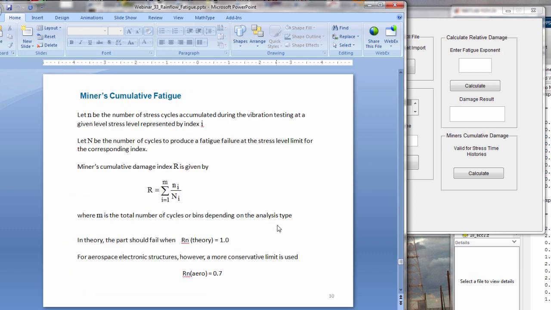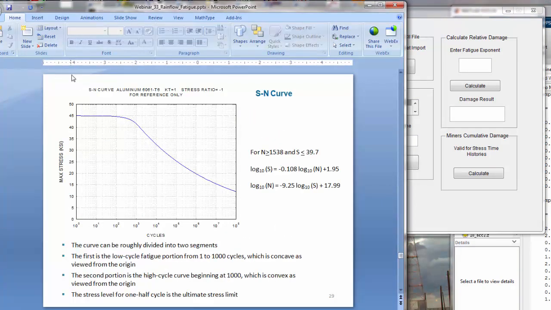And the single curve here is going to have a point where it intercepts where the cycle would be equal to 1/2. And that point is going to be called the fatigue strength coefficient. We'll talk more about that shortly.